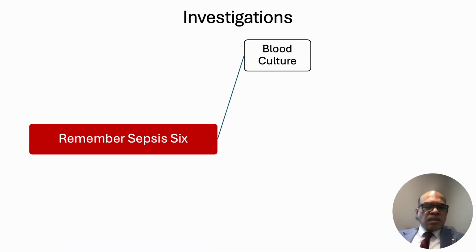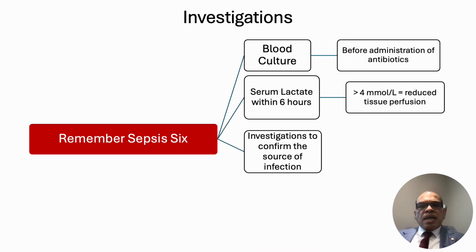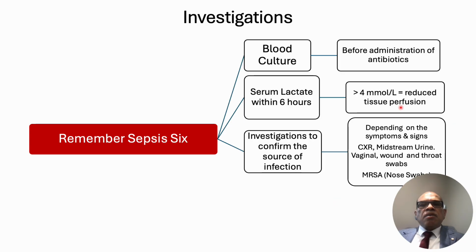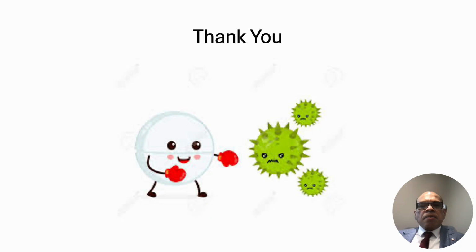And the Sepsis 6 is very important to remember: blood culture, serum lactate, and if it is more than 4 millimoles despite fluid resuscitation, that tells you very poor perfusion and is unresponsive. And then we have other blood tests. So thank you very much. Now we will discuss a case in our course and see how we can apply these principles in managing a case with maternal sepsis. So let's now look at a case.